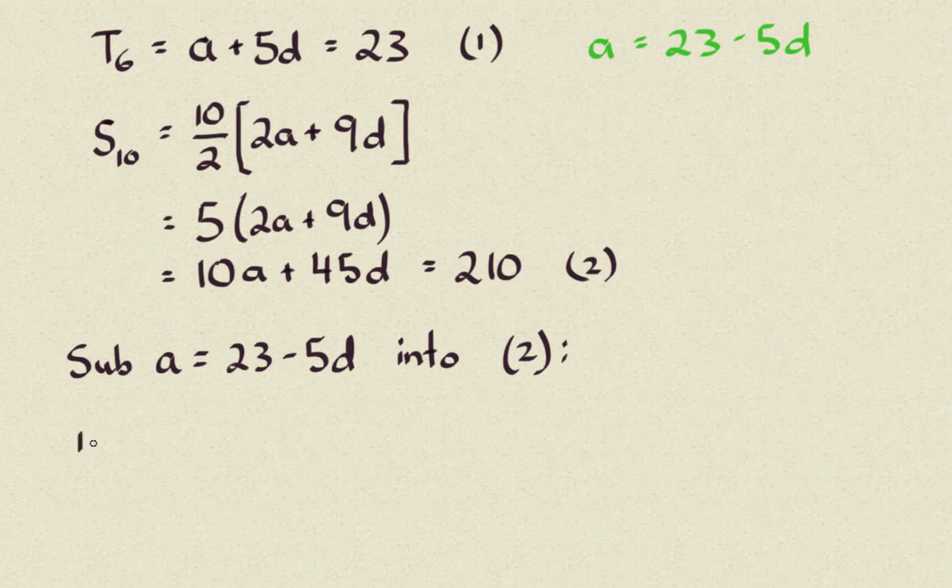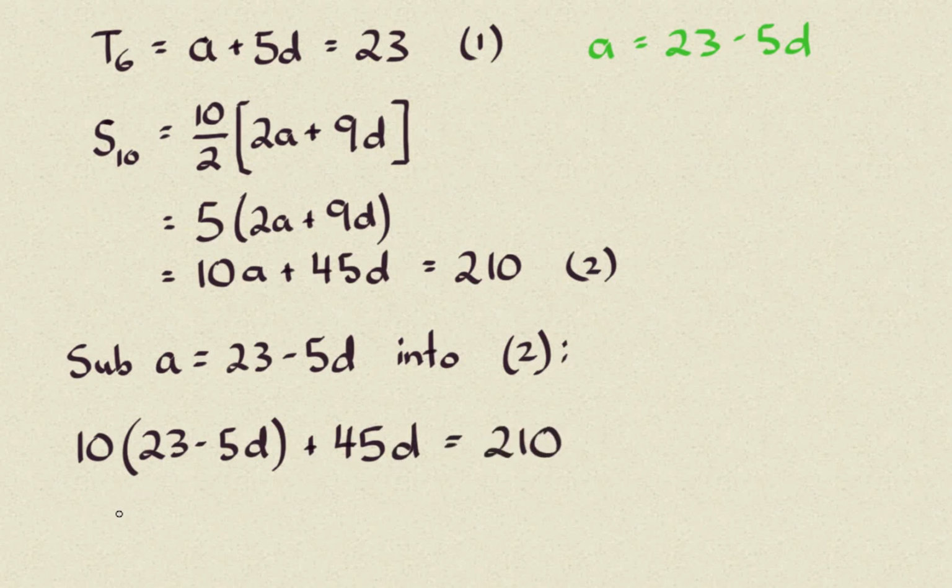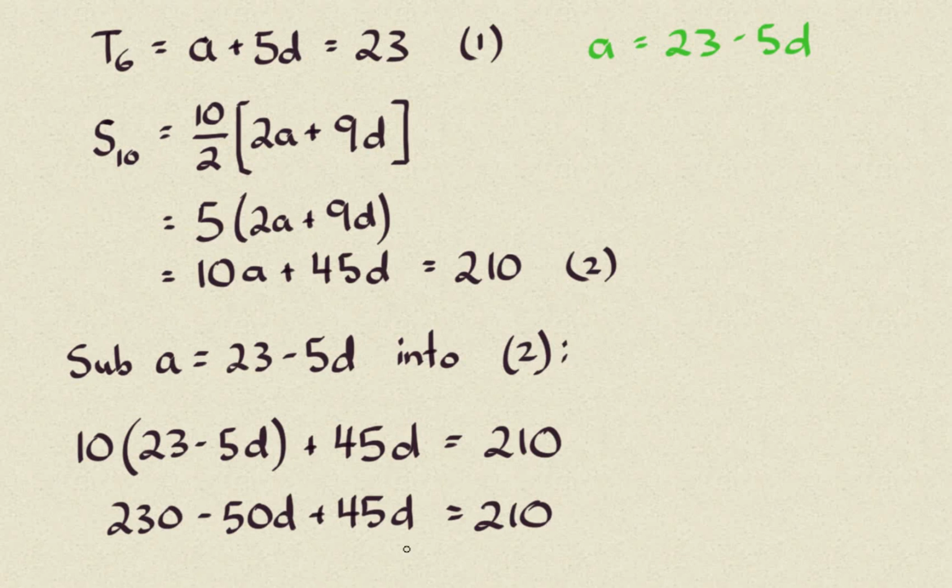So we have 10 lots of a, or 10 lots of 23 minus 5d, plus 45d, that's equal to 210. Expanding the brackets, we have 230 minus 50d plus 45d is equal to 210. And if we subtract the 210 from both sides, we get 20.